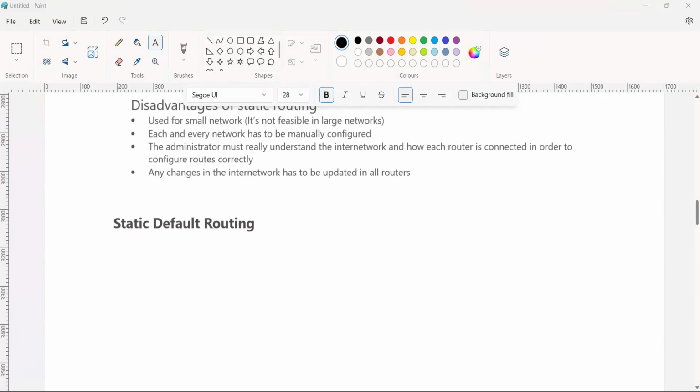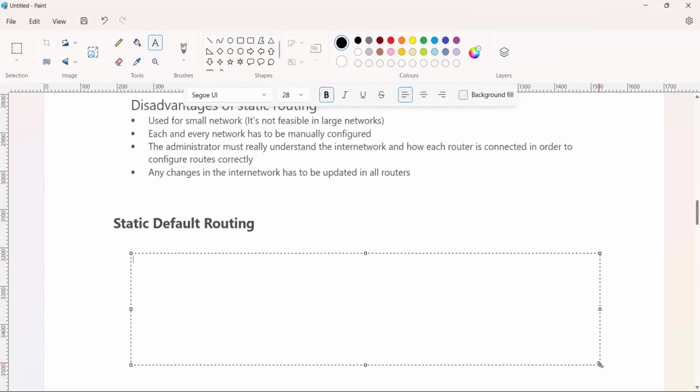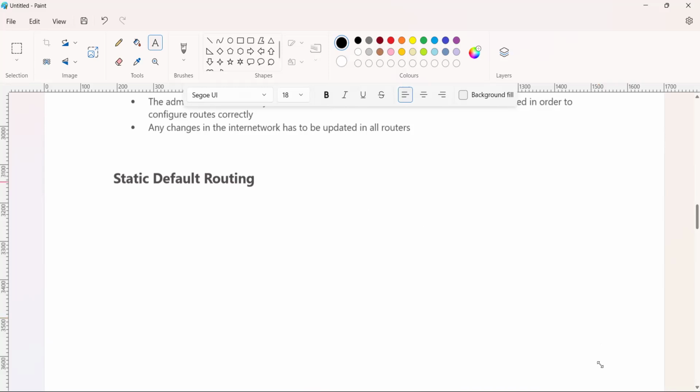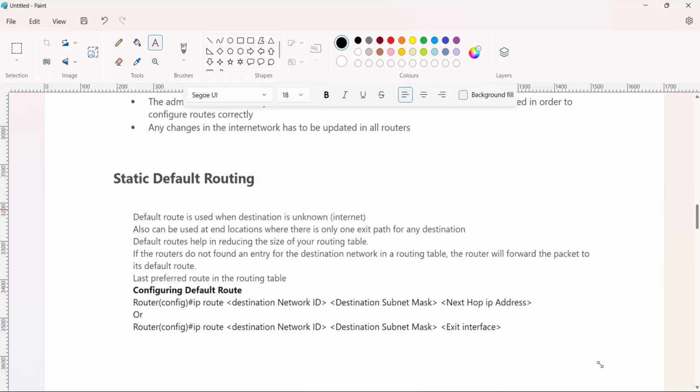I'll give you a brief introduction. A default route is used when the destination is unknown. This is where we use the internet: in the internet, we don't know the destination IP address, so at that time we use it. It can also be used at an end location where there is only one exit path for any destination.